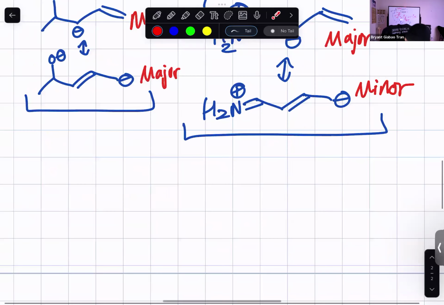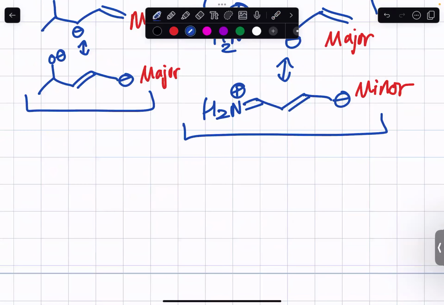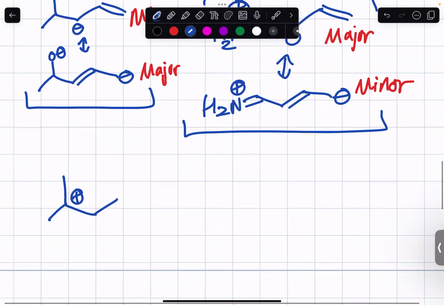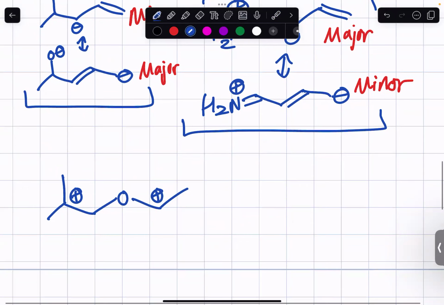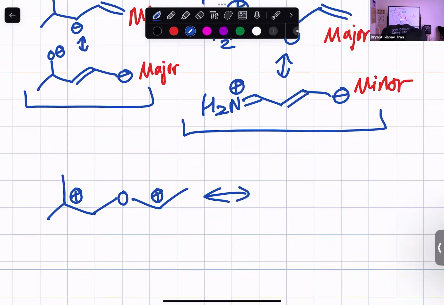Let me give you one more. I'm going to draw the resonance structure on the right side.